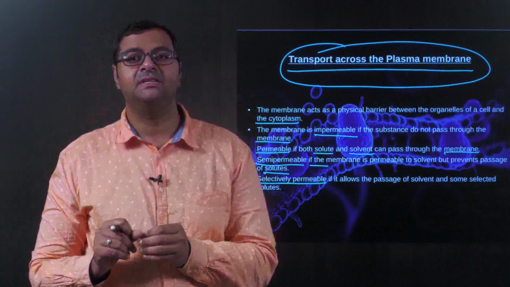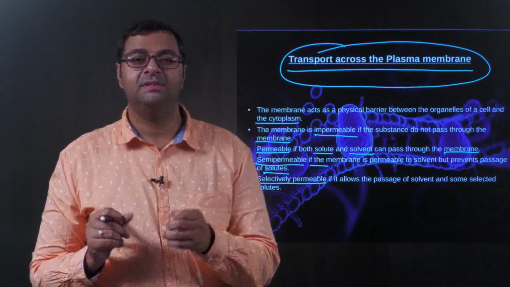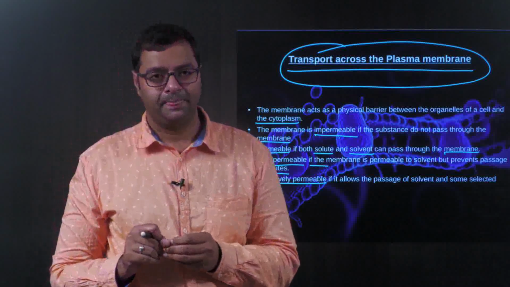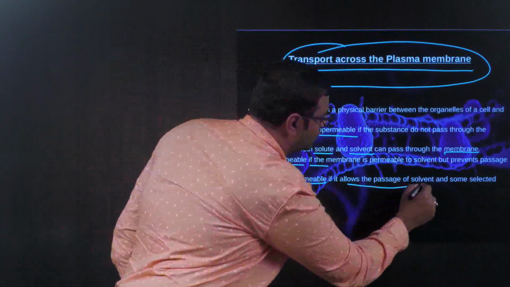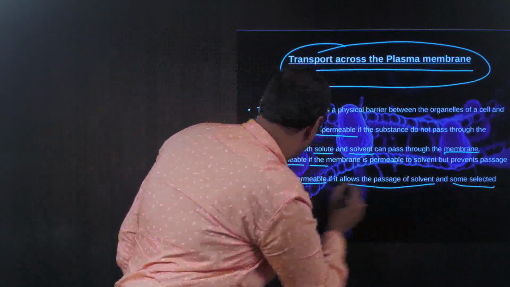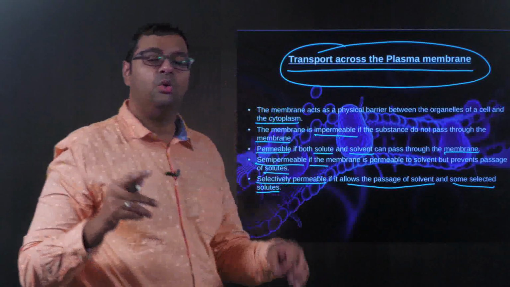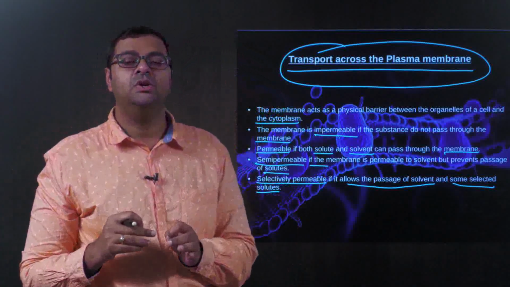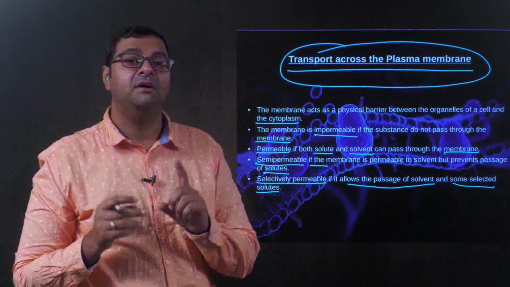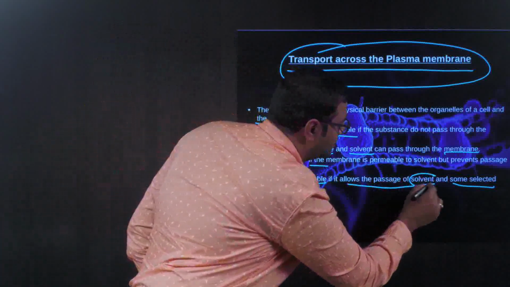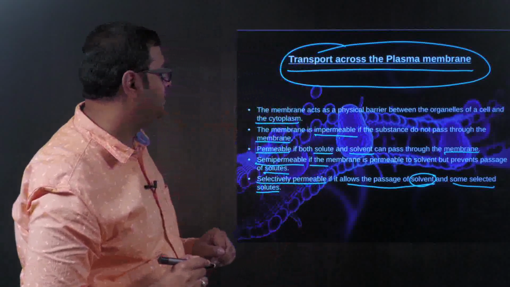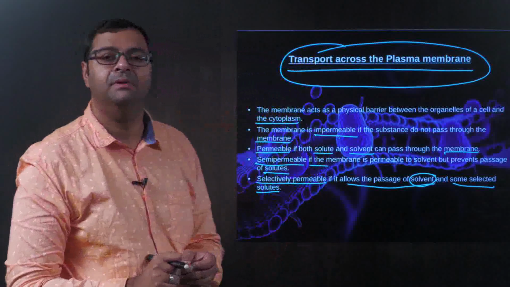That is selectively permeable, which means selectively allowing. It allows the passage of the solvent and some selected solutes. Only some selected solutes will enter through the plasma membrane, but remember that it allows the passage of the solvent, just like the semi-permeable membrane.